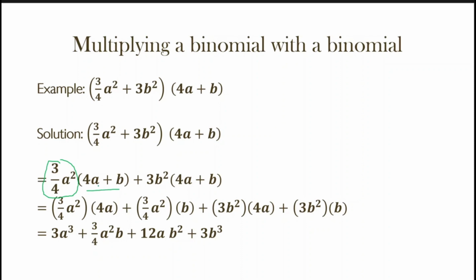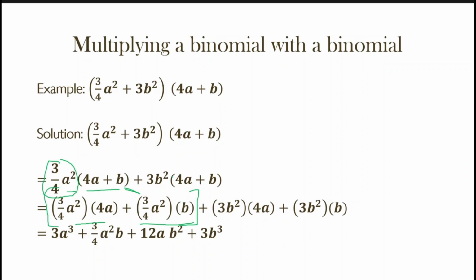So applying the distributive law, everything inside the bracket 4a plus b needs to be multiplied with 3/4 a square. So plus 3/4 a square multiplied with plus 4a, then plus 3/4 a square multiplied with plus b. This first multiplication we have solved up till here.